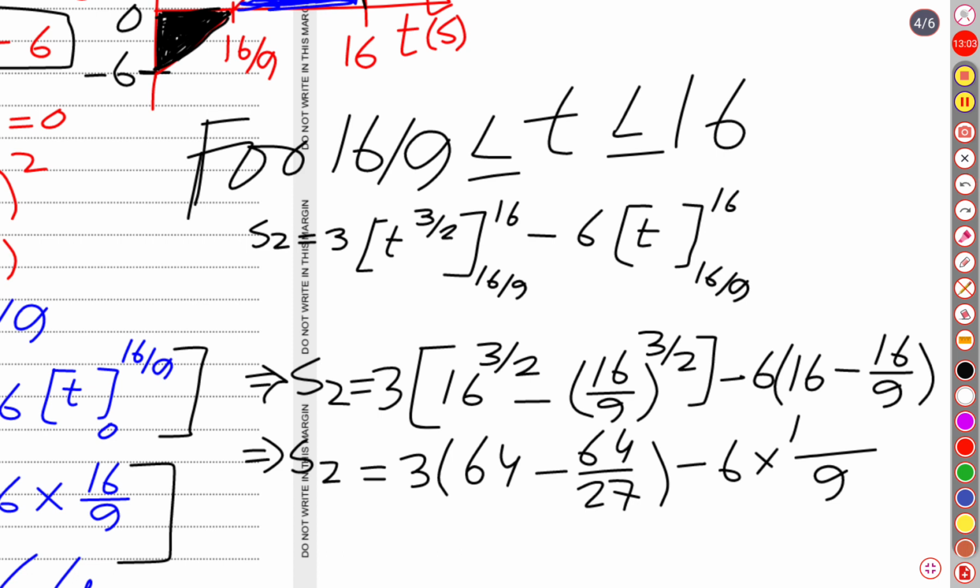We can easily write it 128. Well, after that, if we simplify more, using our calculator we will get 896 over 9. This is the second phase of the displacement.